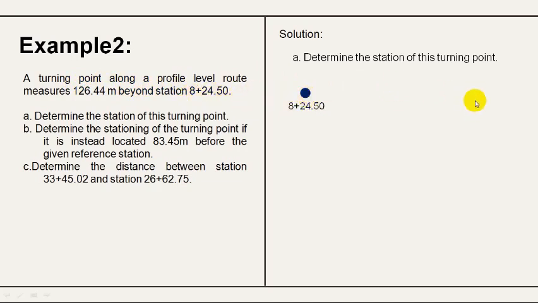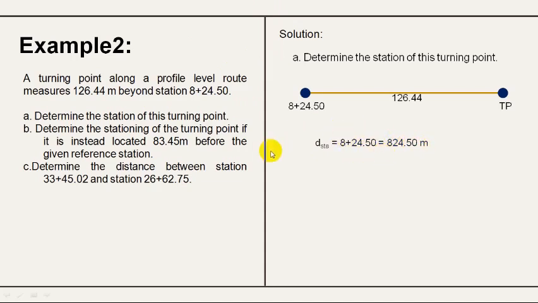The distance from the station to the turning point is 126.44. Again, the distance of the station, 8 plus 24.50, could be written as 824.50 meters.